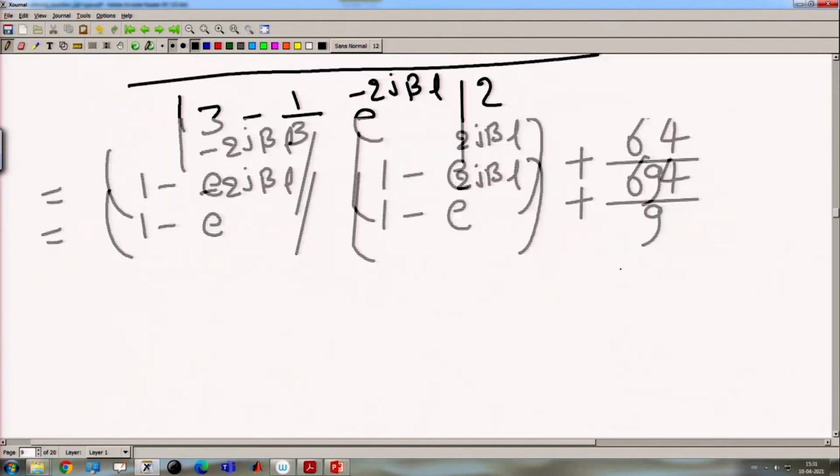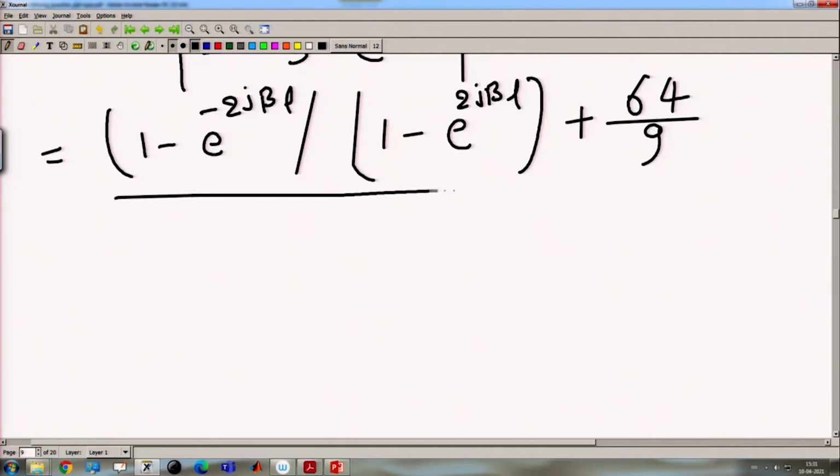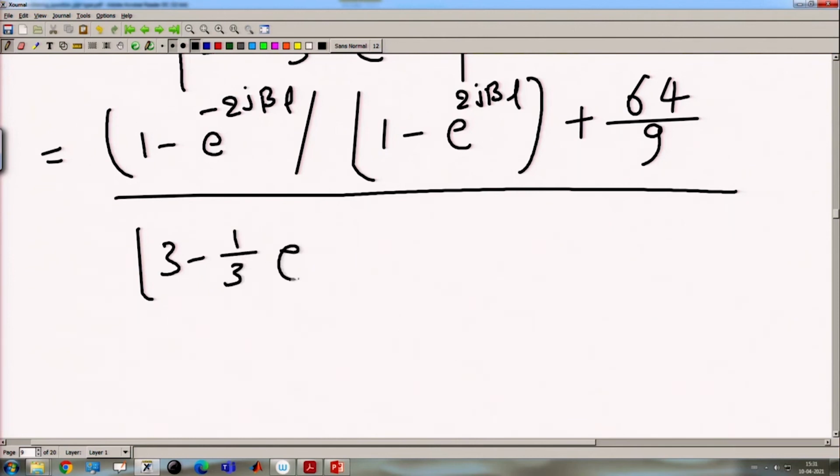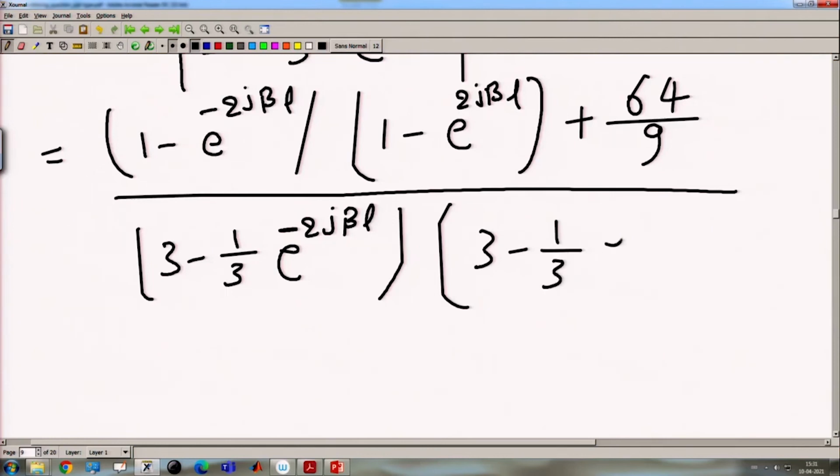64 by 9 divided by (3 minus 1 by 3 e to the power minus 2 j beta L), and for this case also (3 minus 1 by 3 e to the power 2 j beta L).